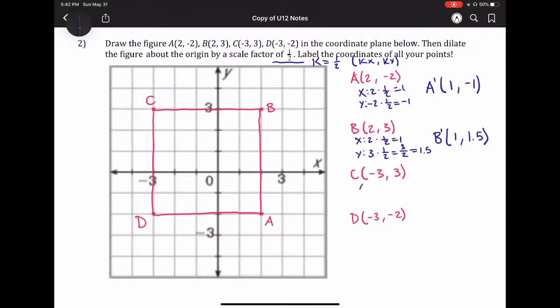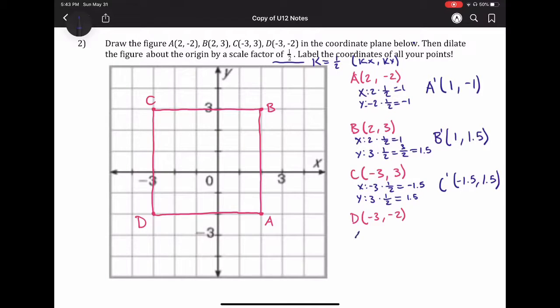C, I have an x of negative 3 times 1/2, which means that I have the same response from before, but now I have a negative 1.5. And my y is at the point 3, so I'm going to multiply that by 1/2, and that gives me a positive 1.5, which means my new C coordinates are at negative 1.5, positive 1.5.